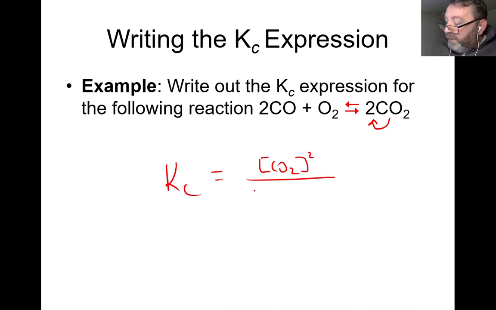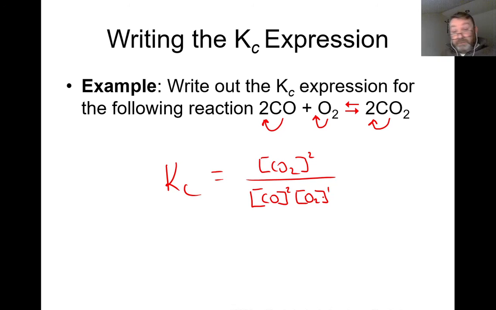Then on the bottom of the fraction, you put in the concentration of both reactants raised to the power of their coefficients. And finally, O2, which is raised to the power of 1. And that's your Kc expression. So they are that easy to write out.